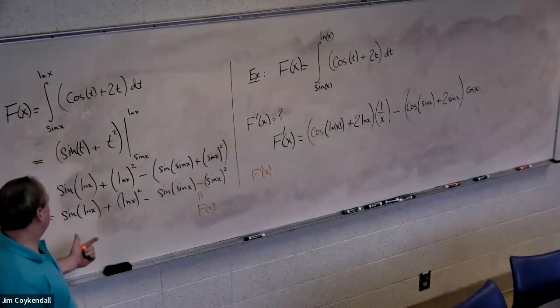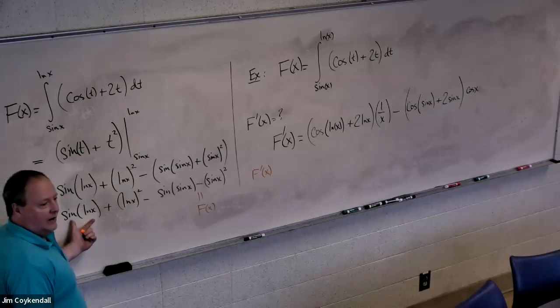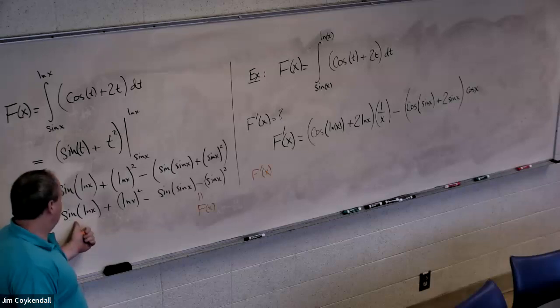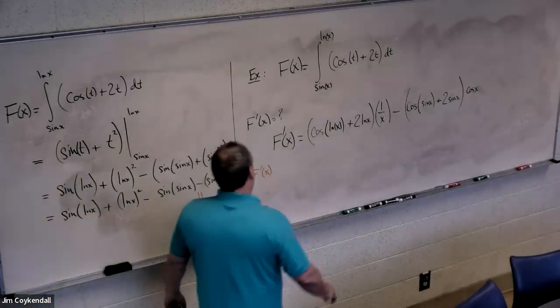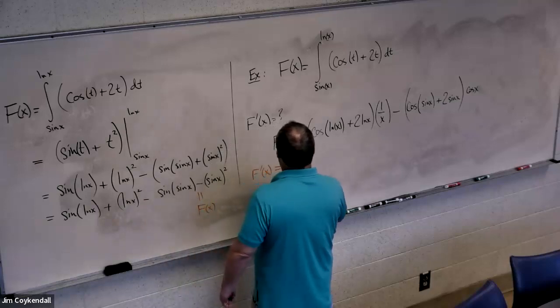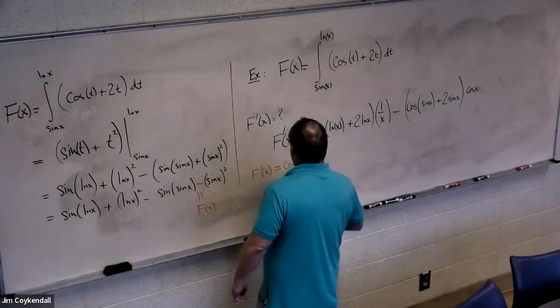This is a good chain rule exercise. How do we take the derivative of sine of log x? The first thing I come to is the derivative of sine, cosine blob. Am I done?